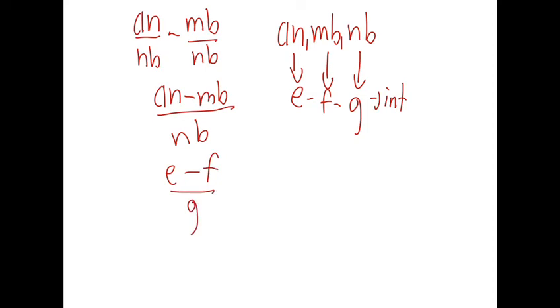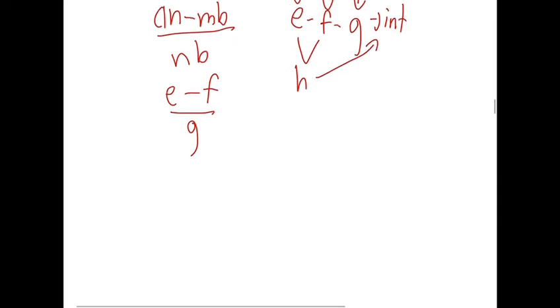We already said that when you add two integers together, the answer must be another integer. Similarly, when you subtract two integers, your answer will also be another integer. So we can say that e minus f is equal to h, where h is an integer. So now we will have h over g. We already said that h is an integer, and g is an integer, so h over g is a rational number.